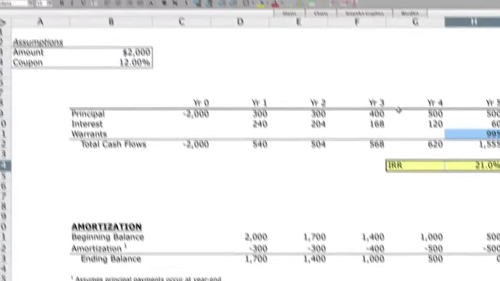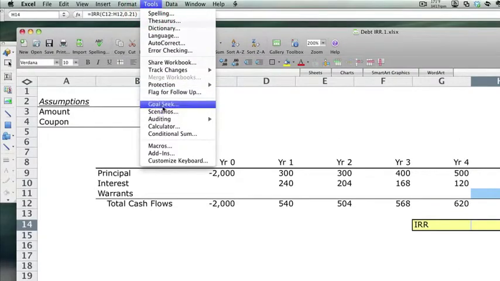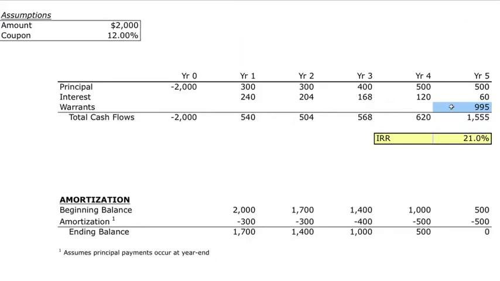I showed you how, by using the goal seek function of Excel, we were able to figure out that to achieve that 21% internal rate of return, we needed $995,000 of equity represented by the warrants to get that deal done. So now that we know that, we need to figure out what that represents in terms of the equity value of the business.